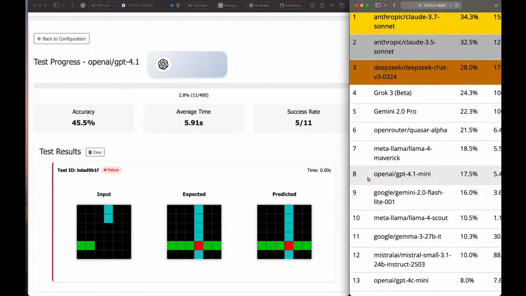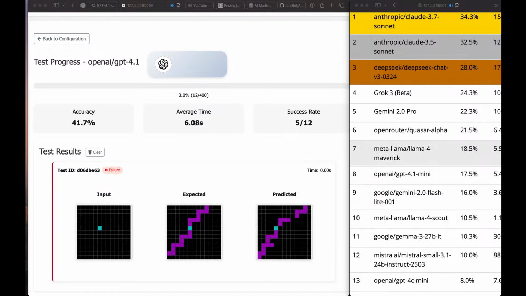Guys, do you think it will beat Claude 3.7 Sonnet? Let me start a poll. Let's see.